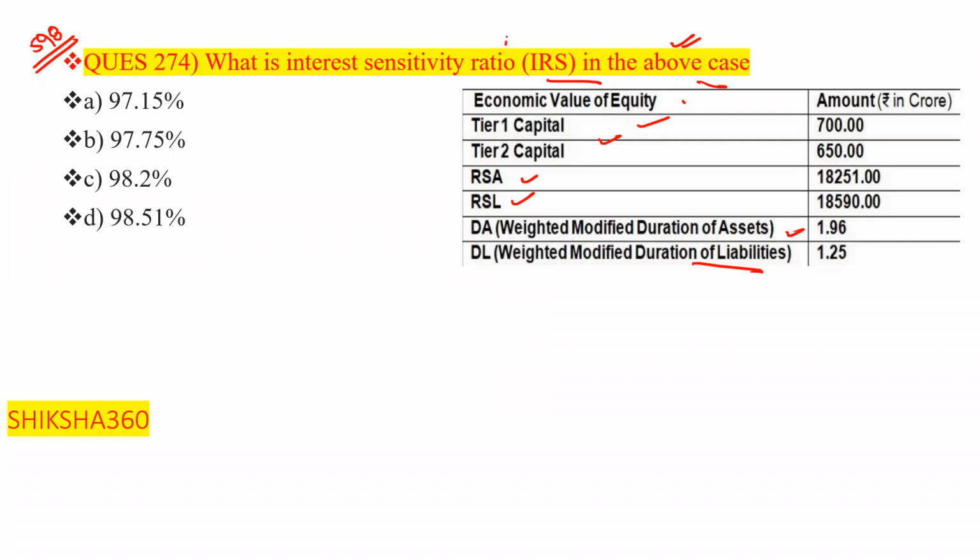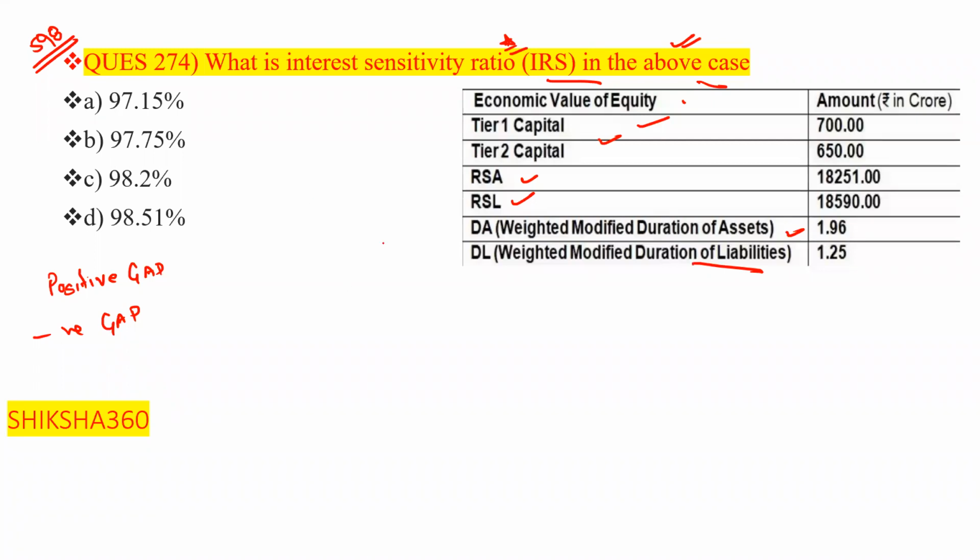So what is the interest rate sensitivity ratio? First of all, we have to understand: sometimes they ask about positive gap or negative gap. What is positive gap or negative gap?